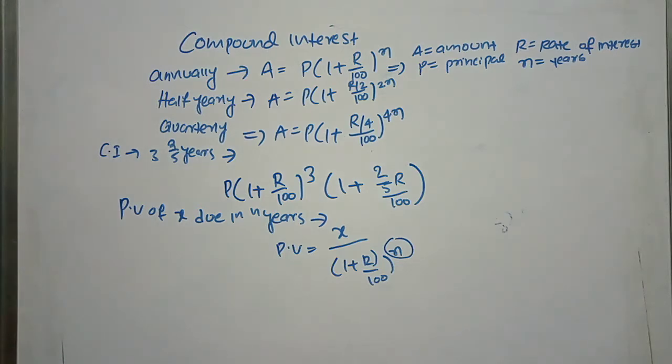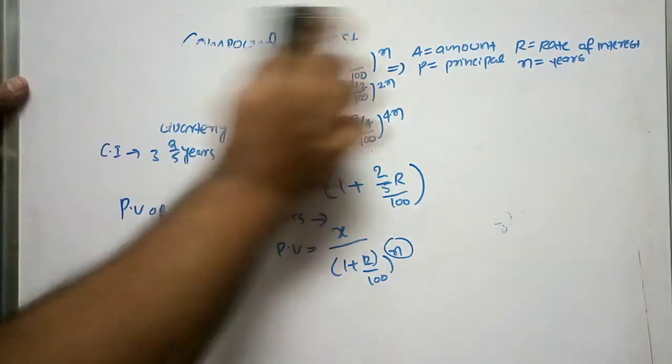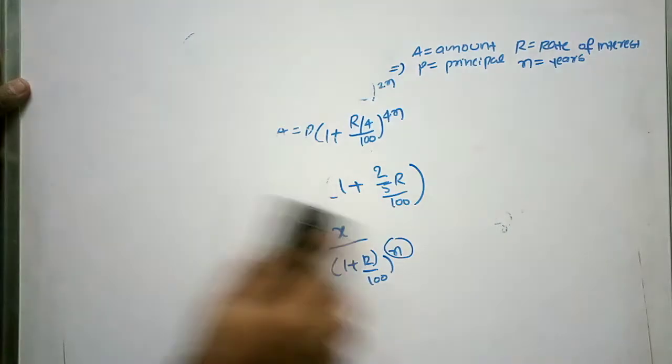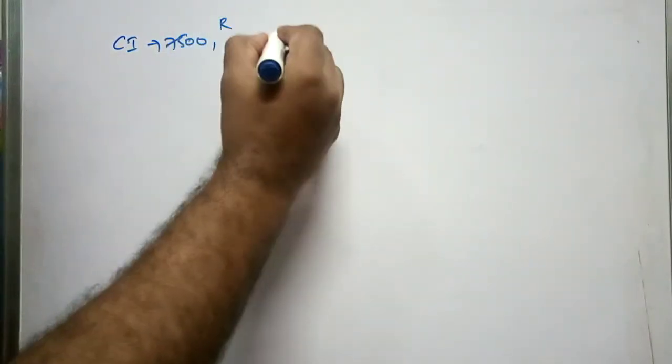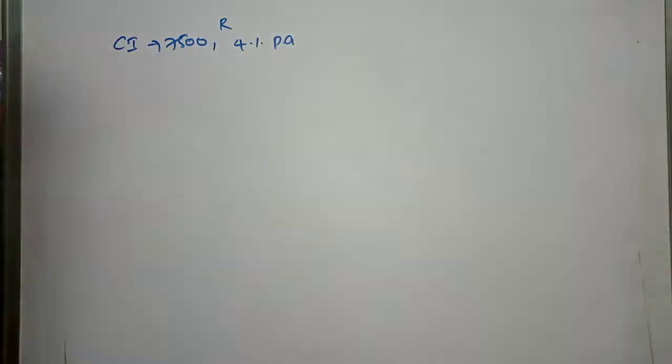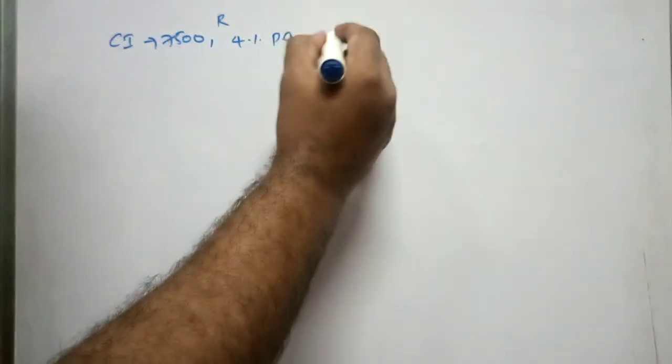So now we are going to take some examples of compound interest, very simple examples. Compound interest on 7,500, rate of interest R is 4% per annum and time is 2 years.